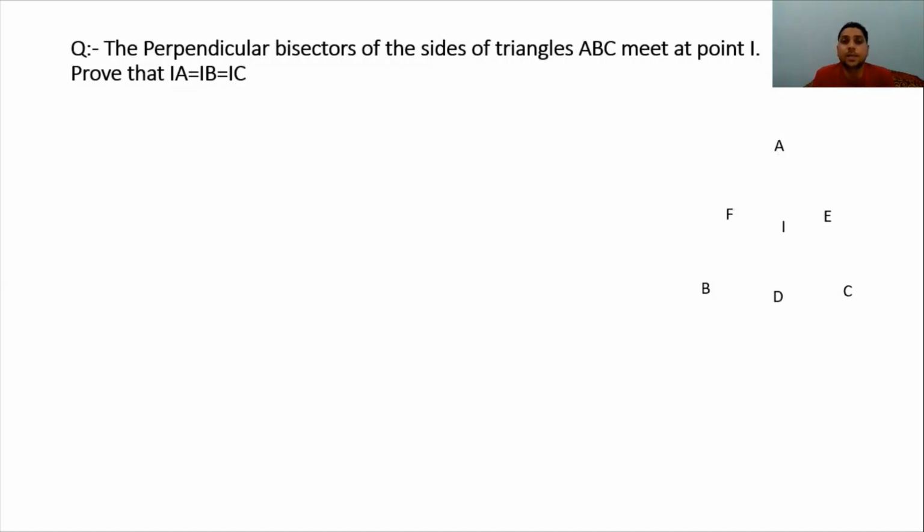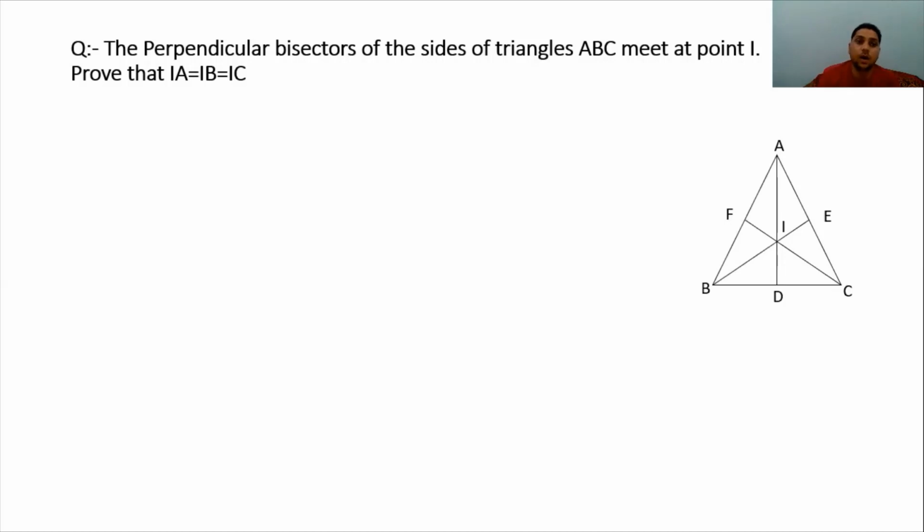The perpendicular bisectors of the sides of triangle ABC. Perpendicular bisector means from vertex A we draw a perpendicular and it divides the side BC into two equal parts. Similarly, we have the perpendicular bisector of AC, which is BE, and the perpendicular bisector CF of AB.